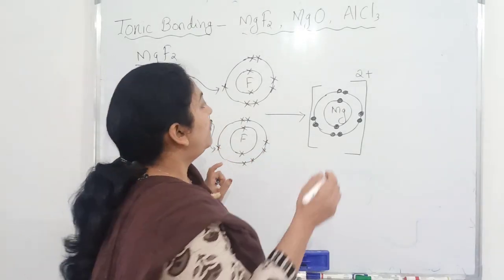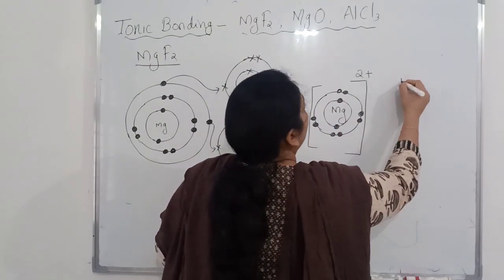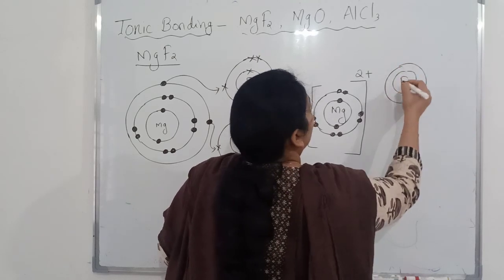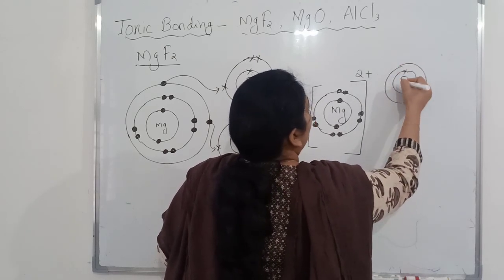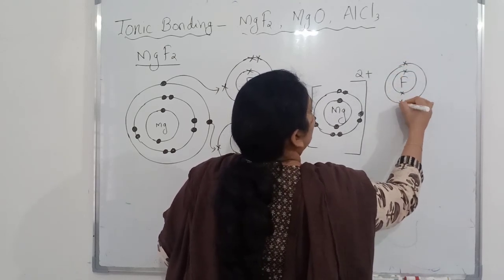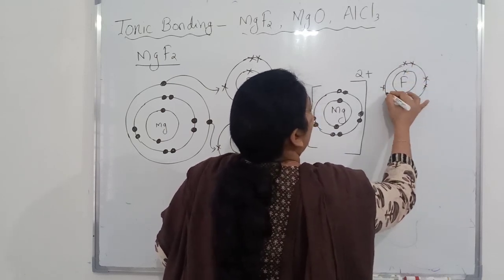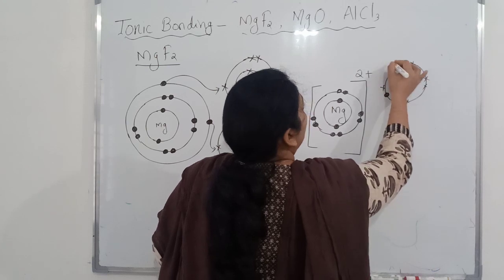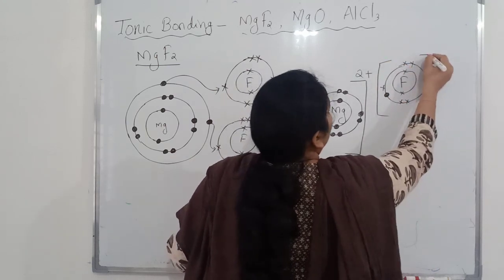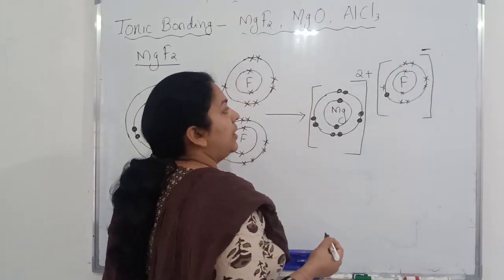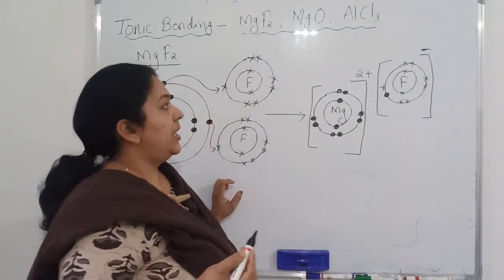Alright, now what happened to fluorine? Fluorine became first shell, second shell. Okay, so 1, 2, then 1, 2, 3, 4, 5, 6, 7, and 1 electron from the magnesium atom. It gained 1 electron, therefore it got 1 negative charge.